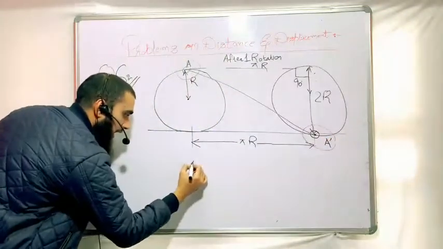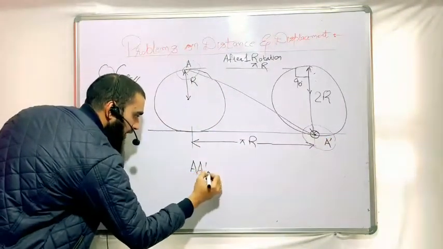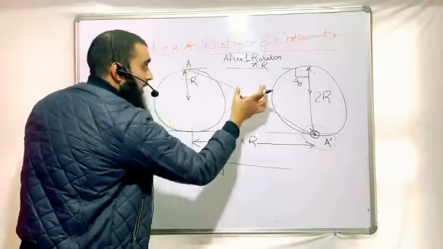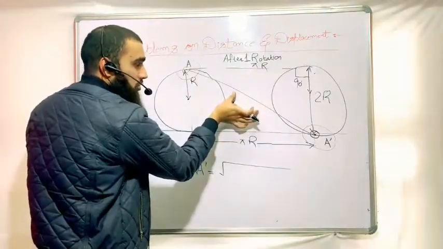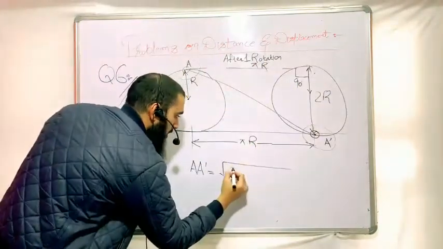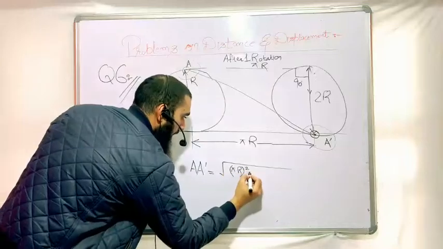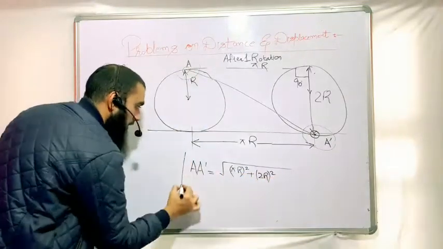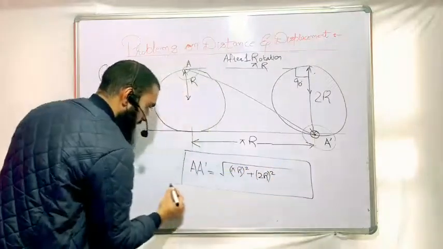The displacement A A dash will be equivalent to root over, using Pythagoras theorem, hypotenuse square will be equivalent to the perpendicular square plus base square, that is pi r whole square plus twice r whole square. So this will be the required displacement in this case.